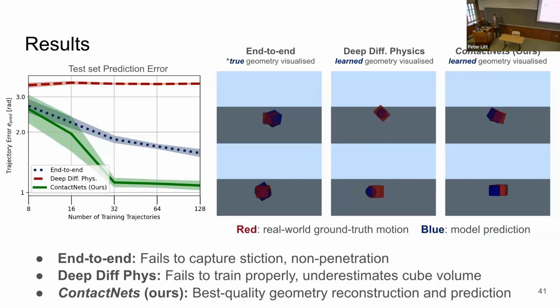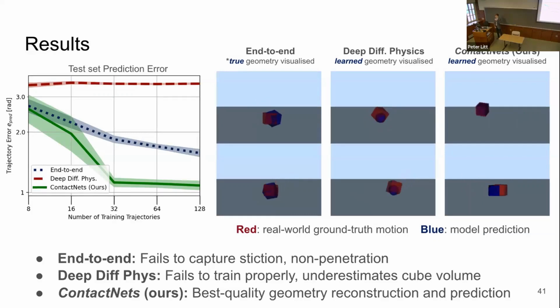So we can see that these methods fail to capture qualitatively what happens during physical contact. Rather than having rigid impact with the ground, these objects just sort of drift and slide several centimeters into the ground, almost as if they were moving through quicksand. By contrast, the methods learned with deep differentiable physics have this physical structure, so they have an underlying learned geometry that we render in blue.